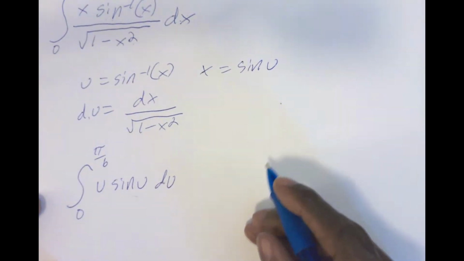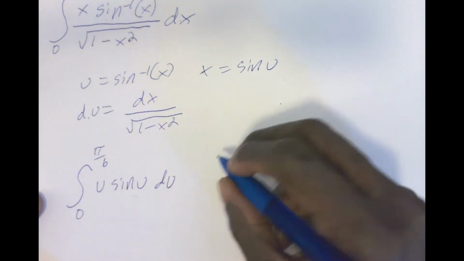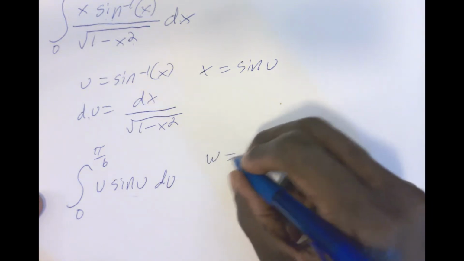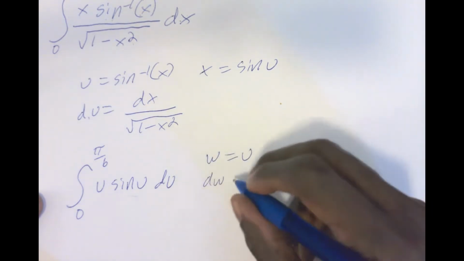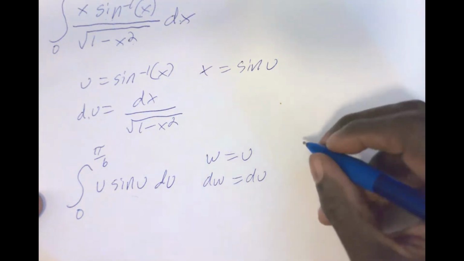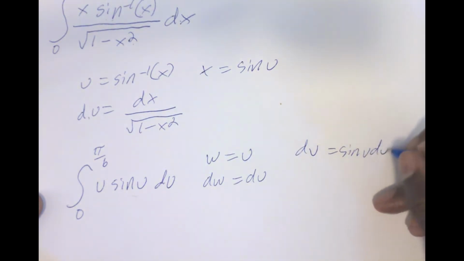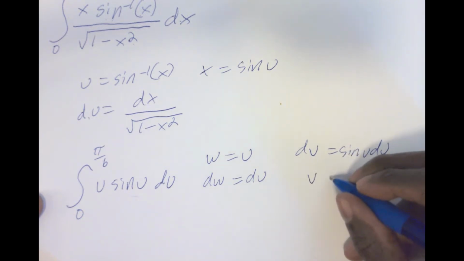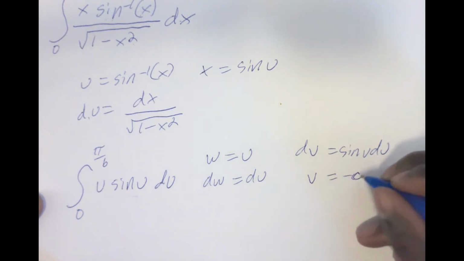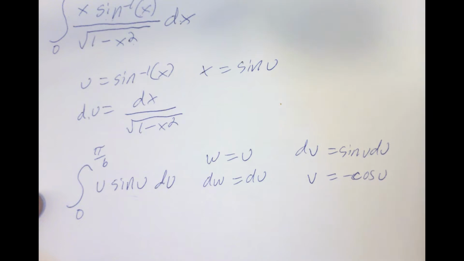Let's say w is u, which means dw is du. Let's say dv is sine u du, which means v is negative cosine u.